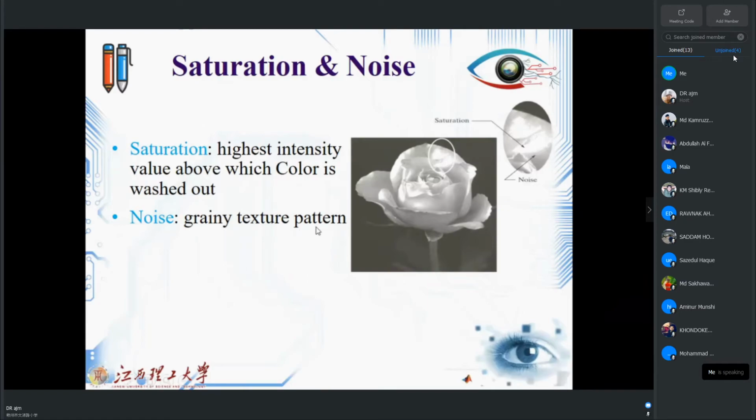See here, suppose I take a digital image: you will see that I have some saturation here and some noise, which shows up in the edge part. It shows that there may be some wrong information or data which I cannot use.